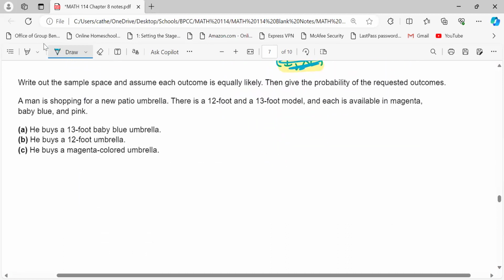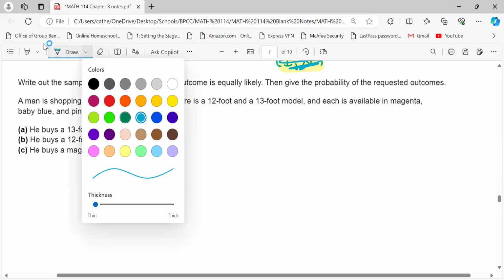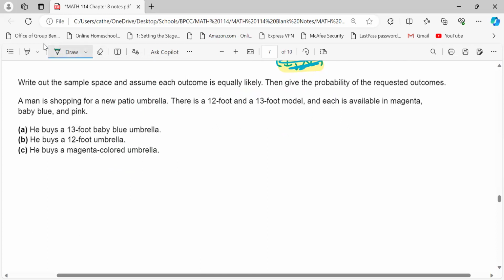All right, sample space. New patio umbrella. There's a 12-foot and 13-foot model. And it comes in magenta, baby blue, or pink. Really interesting colors. All right. So sample space. It can be 12-foot and magenta. It could be 12-foot and, I'm just going to put blue.